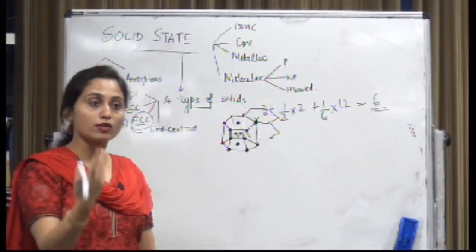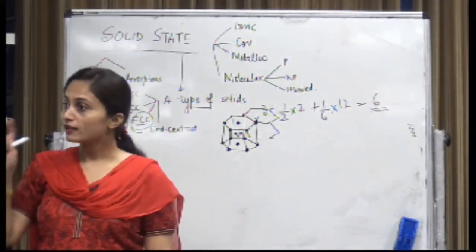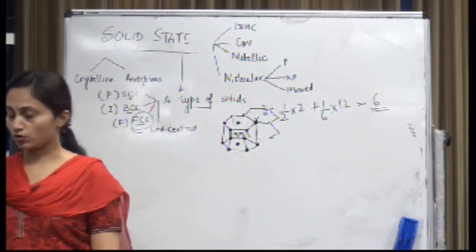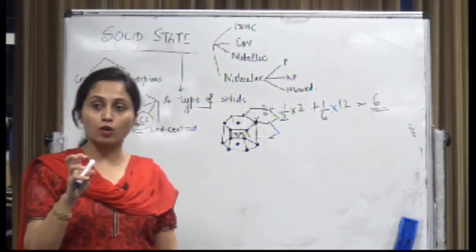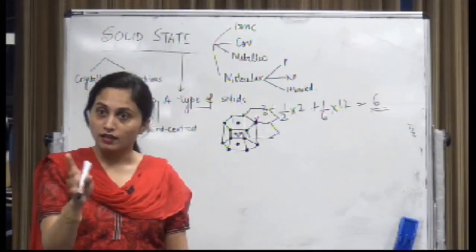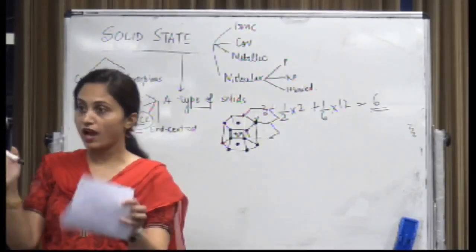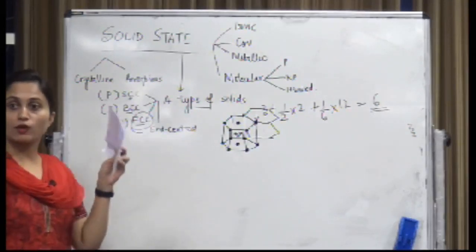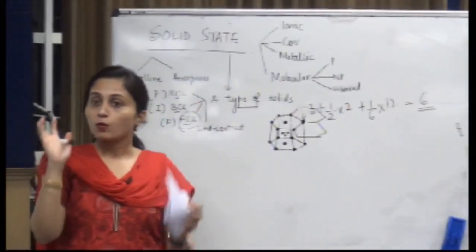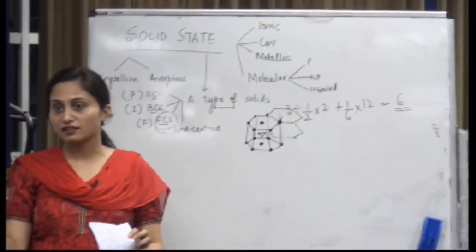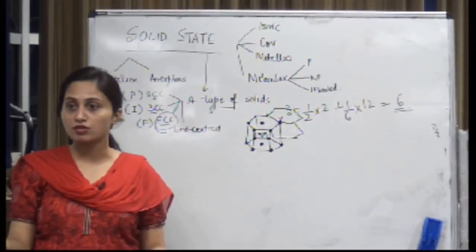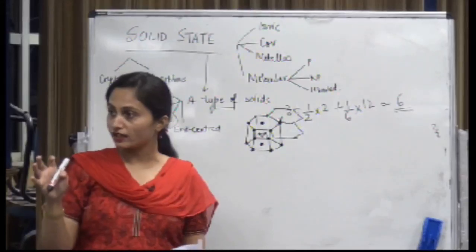If I talk about CO2, solid CO2, then one unit cell is a complete representation of one CO2 unit. Alright, if I talk about a silver atom, then again it is not like you have 4 atoms per unit cell. So it is not like you have 4 Ags there. One unit cell is a complete representation of one Ag atom. Say if you are talking about the silver solid, you getting the point?